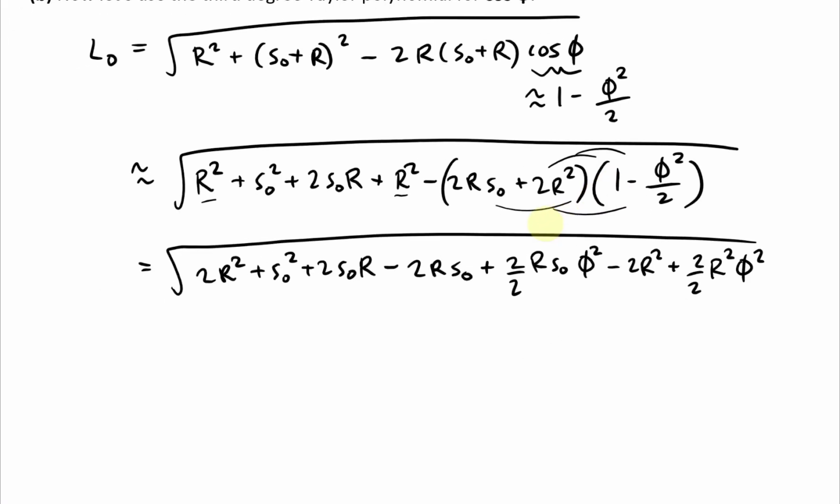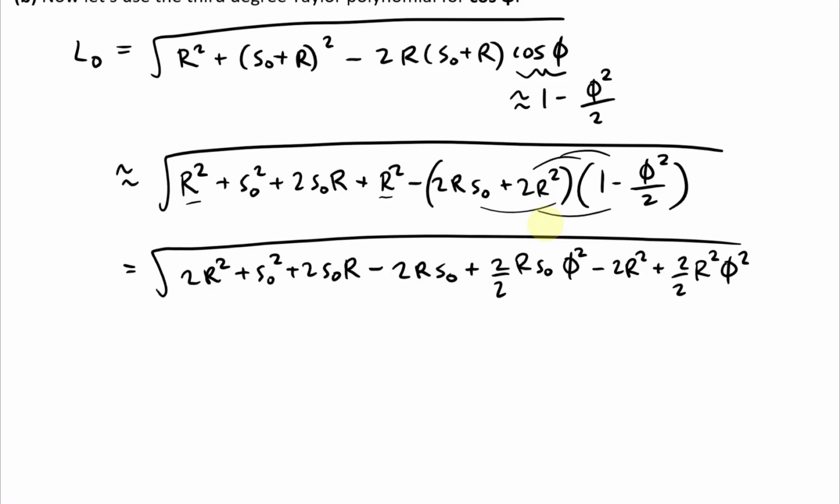So now let's see what ends up canceling. This 2r squared is going to cancel with this negative 2r squared. That's the obvious one there. Now we have a plus 2 s naught r and a minus 2 r s naught, the same thing. Those cancel. Also these 2's cancel.